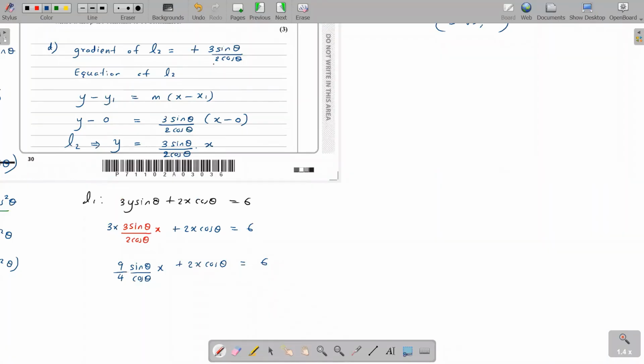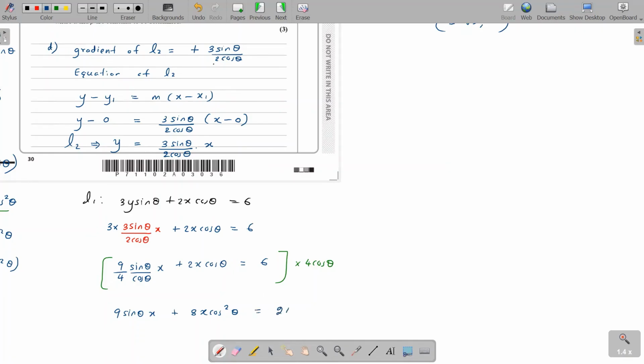Then we'll multiply the whole equation with cos theta. Or we'll multiply the whole equation with 4 cos theta, right? Because I want to make x a subject. So I end up getting here 9 sine theta times x plus 2 times 4, 8x cos square theta, right? I multiply with 4 cos theta.